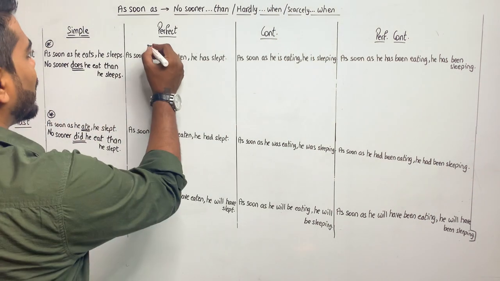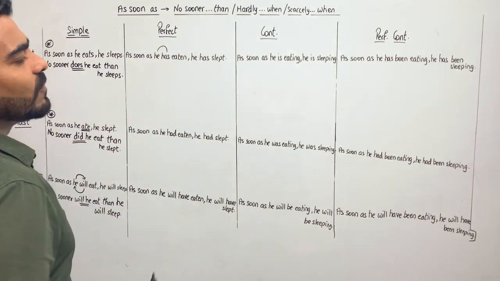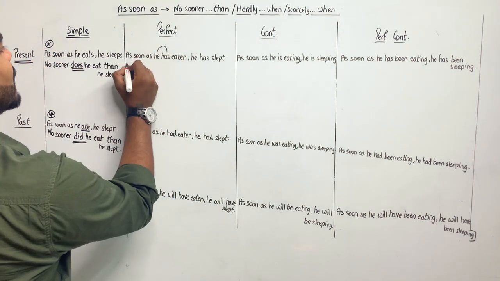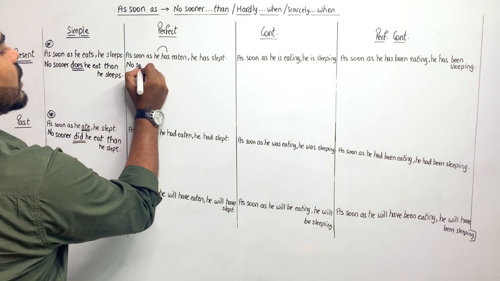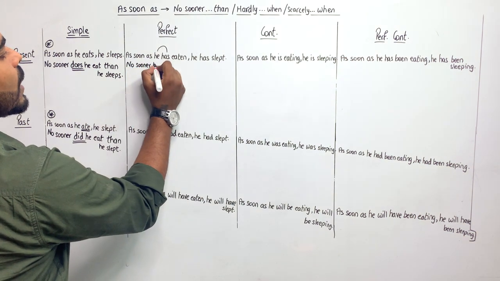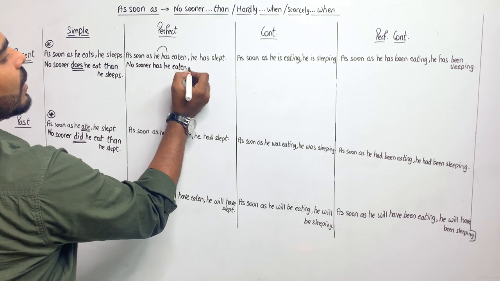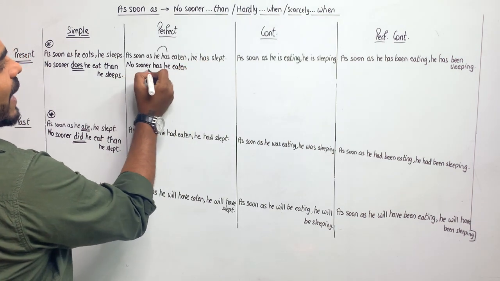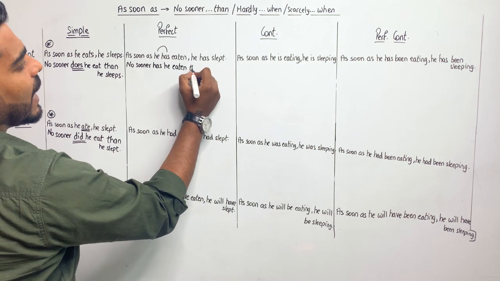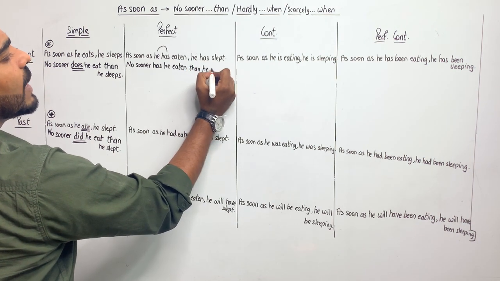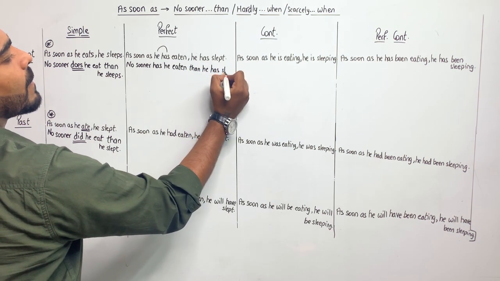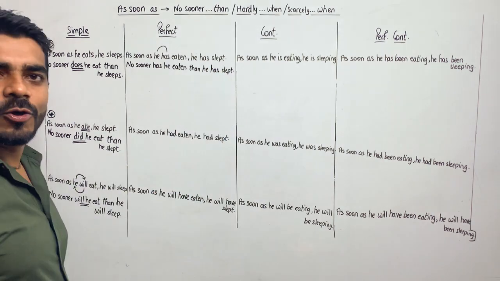Okay. Similarly, he has becomes has he. Let's see. No sooner has he eaten, and this comma is replaced by than, than he has slept. Okay, very easy.